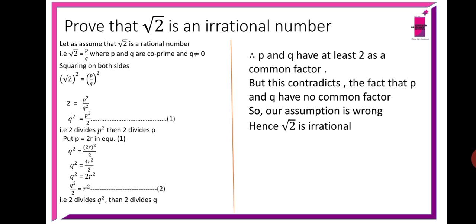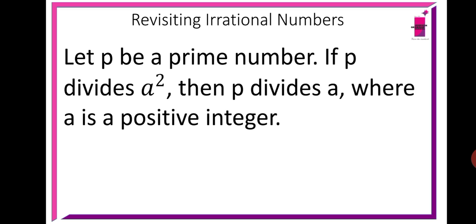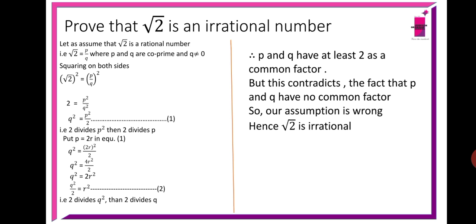Now according to the fundamental theorem of arithmetic, which you read here: let P be a prime number, if P divides A square, then P divides A. Yes, here the prime number is 2, which we are dividing by. You are dividing the square of a positive integer.